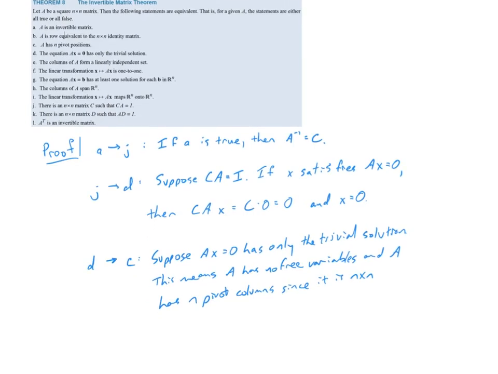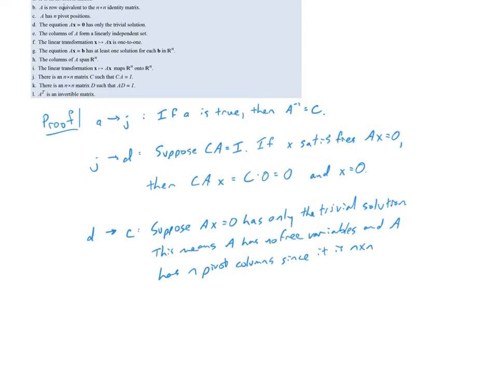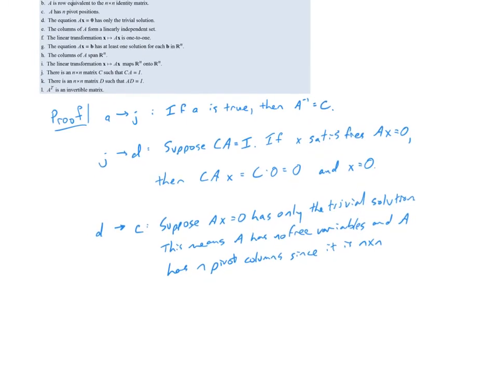Now let's do the next one. We're going to go to C implies B. If C is true, so we're going to say if A is square, capital A because I'm talking about the matrix, if A is square and has n pivot positions, because that's what C says, they must lie on the main diagonal.